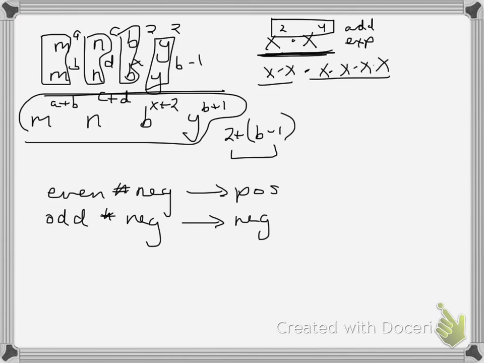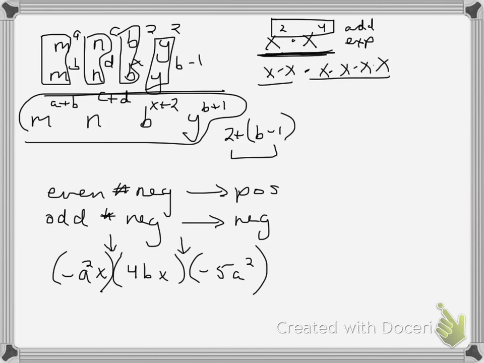So let's look at one of those. Oh, I think I want to do number 13. It would say negative a squared x times 4bx times negative 5a squared. And notice I recognize that these are multiplied together because there is no sign between my parentheses.